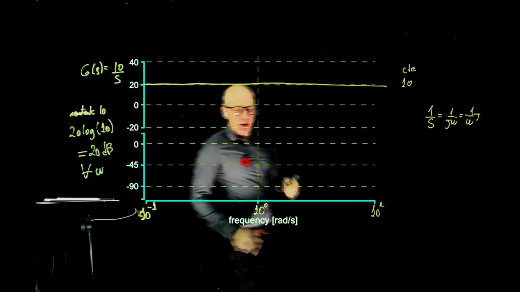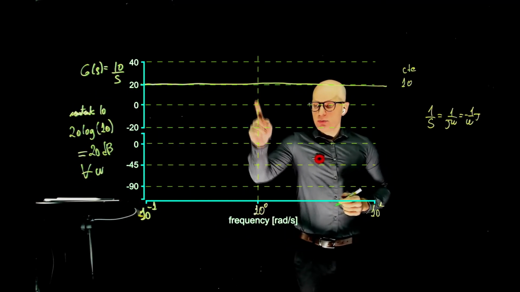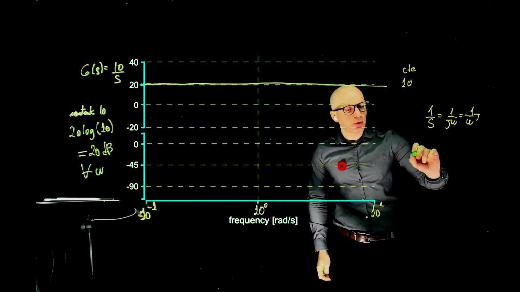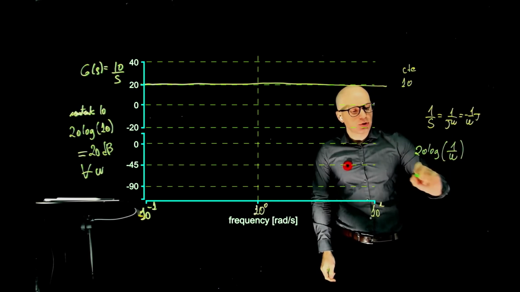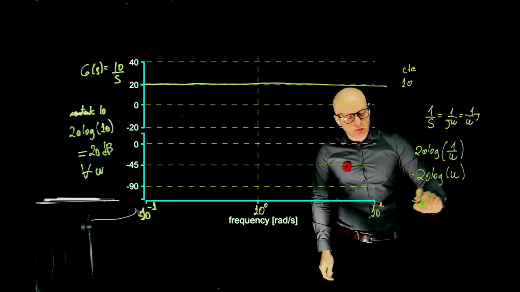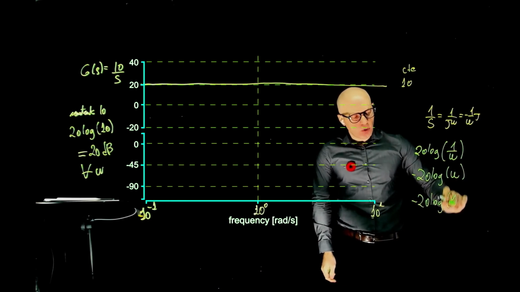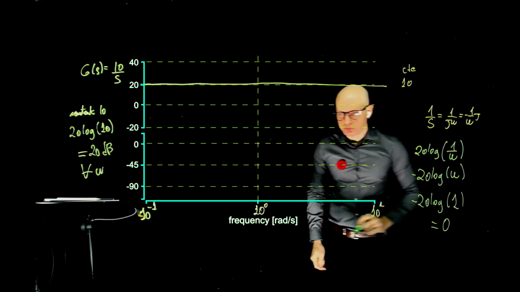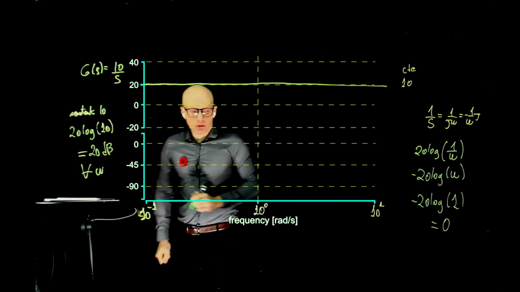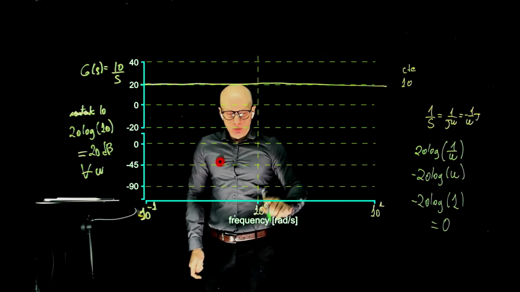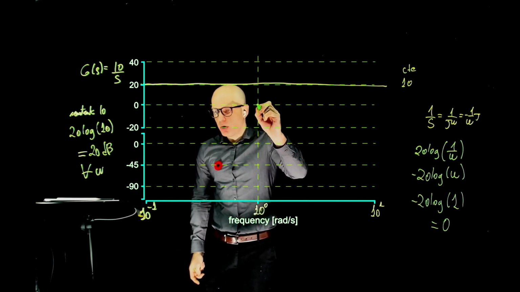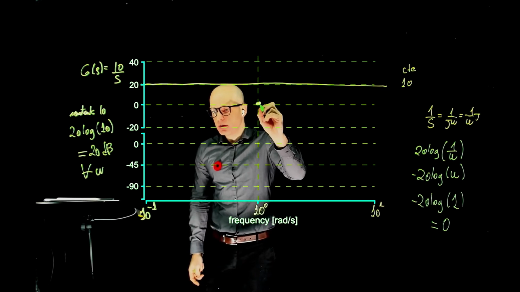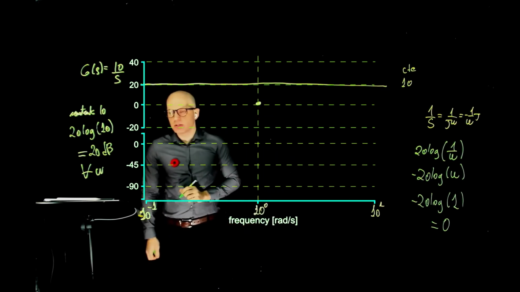And we know that at 1 radian per second, it will be 0, because again, we are dealing with 20 log of 1 over omega, which is the same as negative 20 log of omega, and negative 20 log of 1 is 0. This is the case for all poles and zeros at the origin: they will always pass through 0 dB at 1 radian per second.